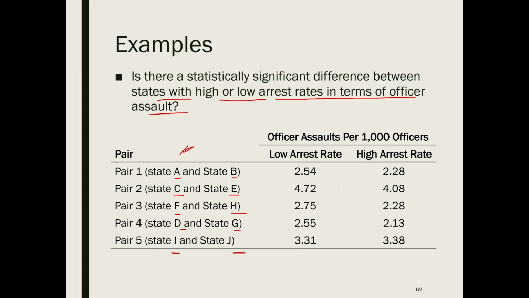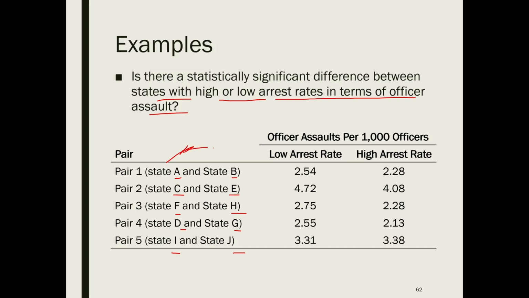And we look at officers assaulted per 1,000 officers, with low arrest rate and high arrest rate. So some of the states have a low arrest rate, some have a high arrest rate, and what about the impact on officer assaults? Maybe the states where officers arrest more people may have a lower officer assault rate, or maybe they have a higher one. We don't really know, right?